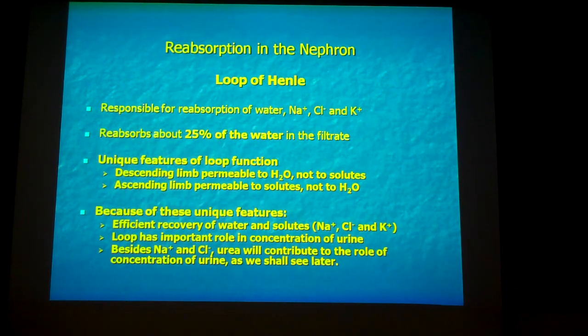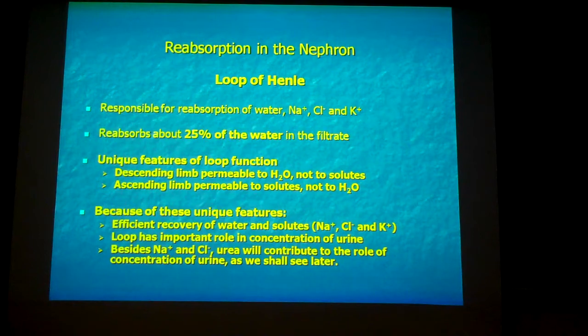Now, there are some distinctive features of the loop's function, and that is this: the descending limb of the loop is permeable to water, but not to solutes. And the ascending limb is permeable to solutes, but not to water.